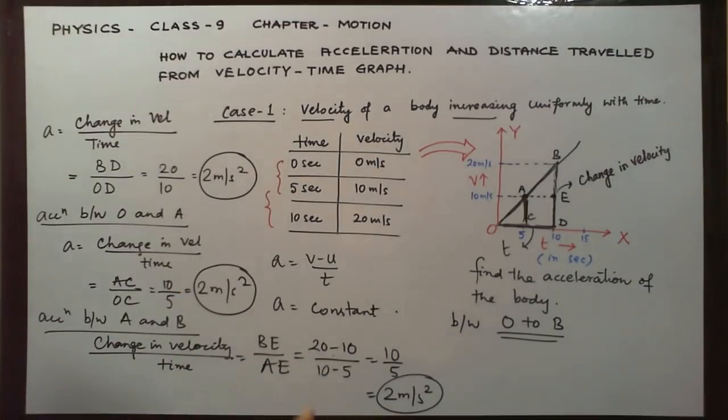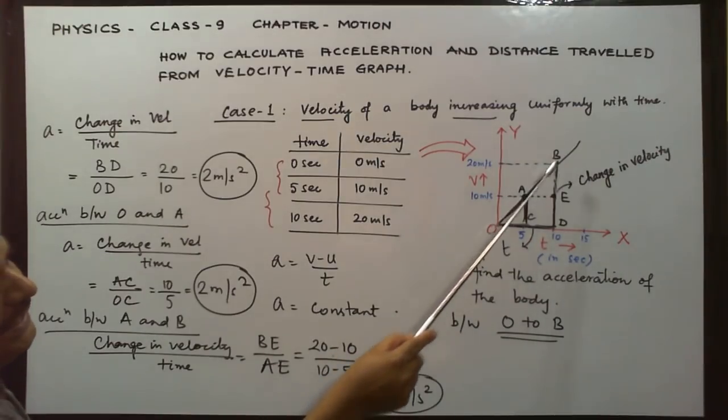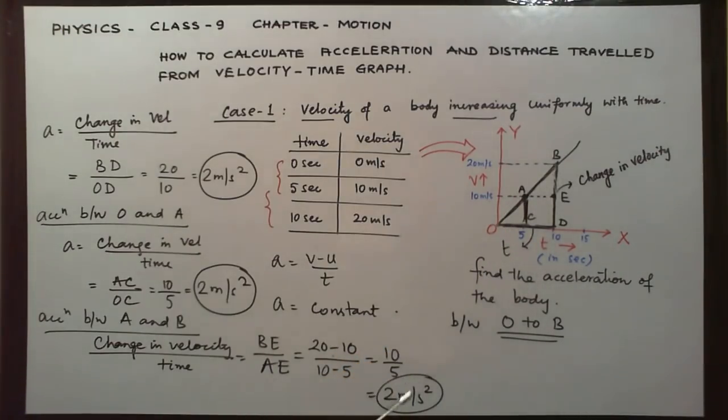So finding the perpendicular by base ratio, here it is BD upon OD, we get 2 meter per second square. AC upon OC, it is 2 meter per second square. And between A and B, it is BE upon AE, again we get 2 meter per second square. So acceleration remains constant in this particular case.